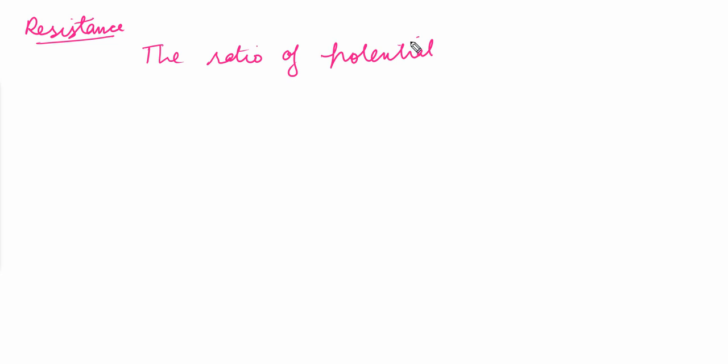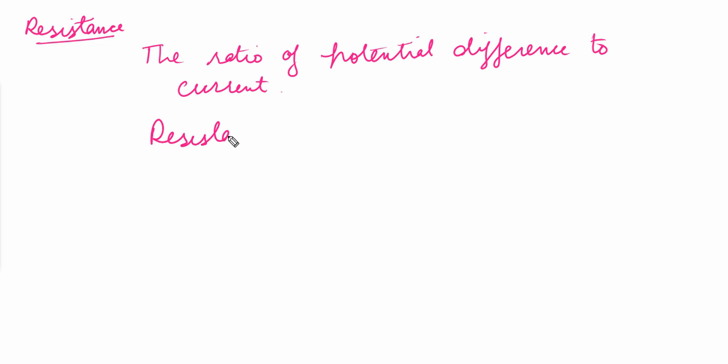Alright, so now we'll discuss resistance. Resistance is basically the ratio of potential difference to current. So in simple words, or in simple formula, we can write resistance is equal to potential difference divided by current.